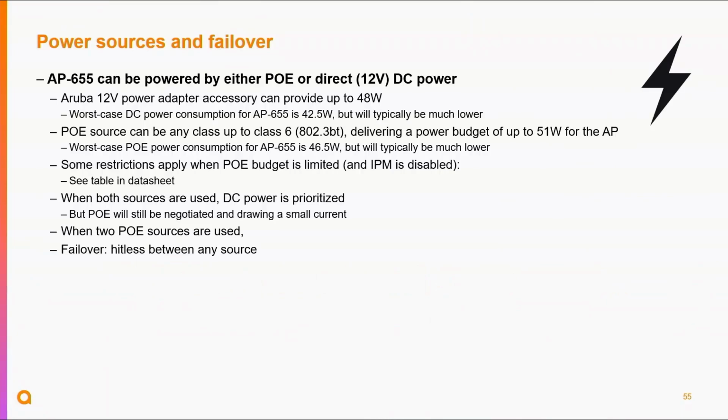So on the power side, as you know, you can do PoE or you can do DC power on the 655 or most of our APs. The typical voltage from PoE comes down at 48 volts.